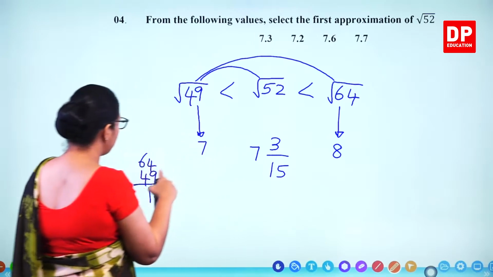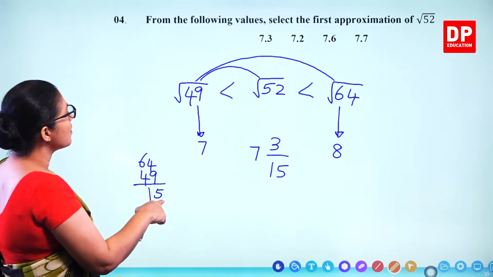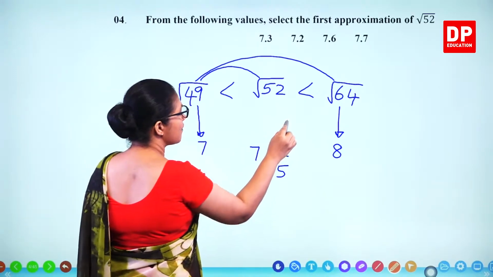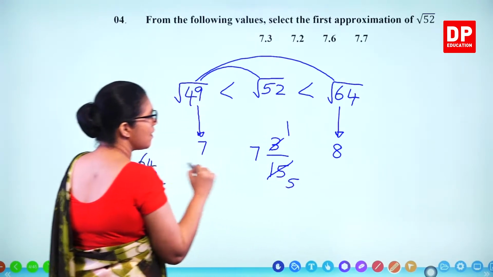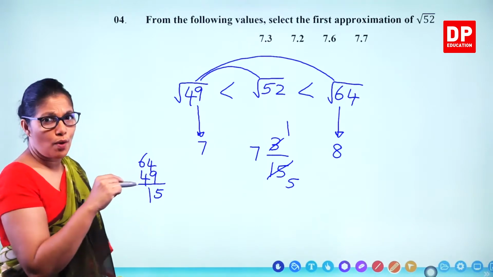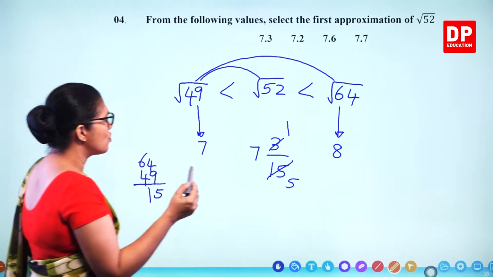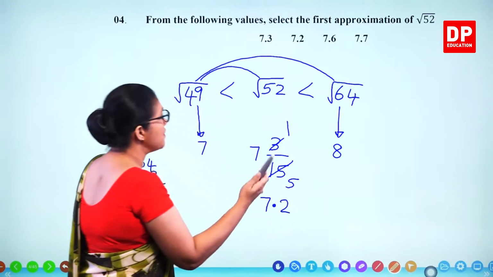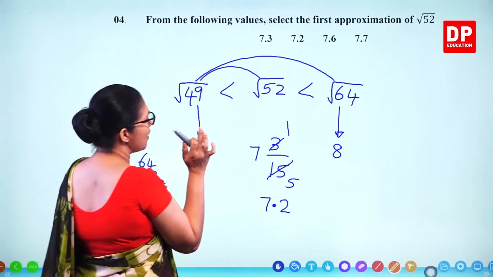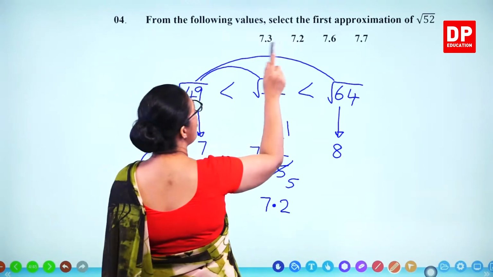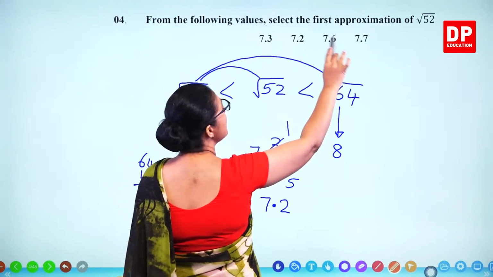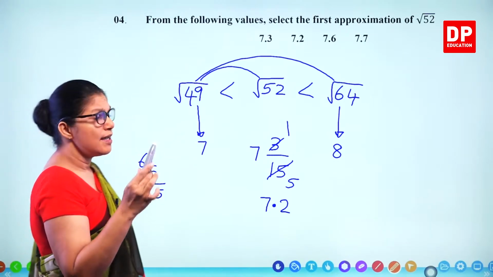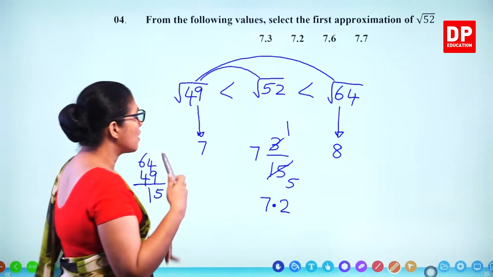So that is roughly 1 over 5. 1 over 5 means 0.2. So roughly 7.2, which means it is less than 7.5. So we can check whether it's 7.2 or 7.3. We can ignore 7.6 and 7.7. Now let's see. You have to multiply and see the closest value.